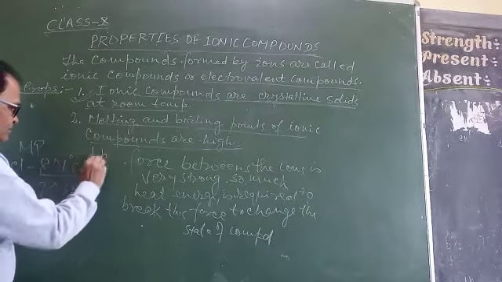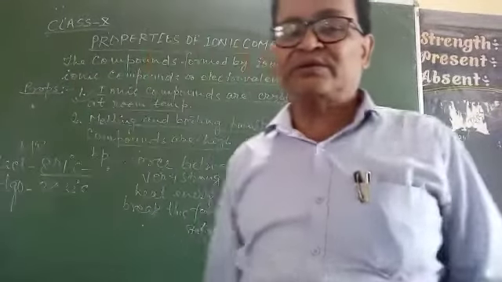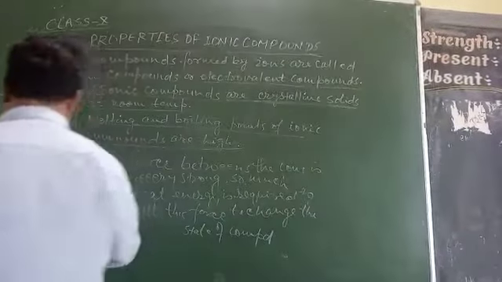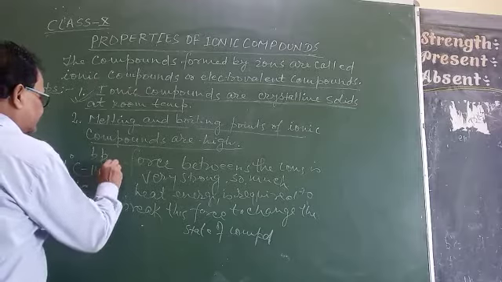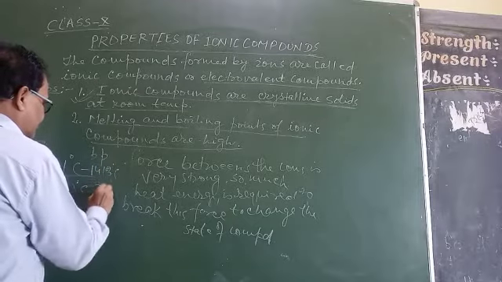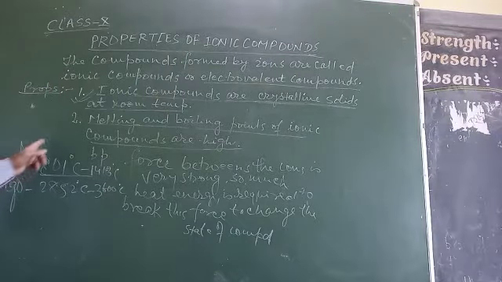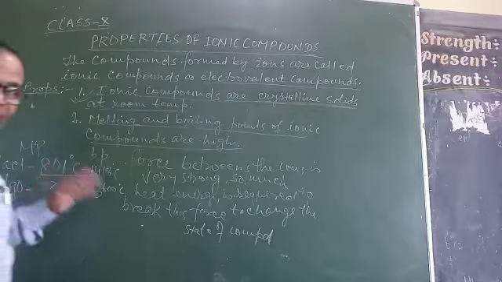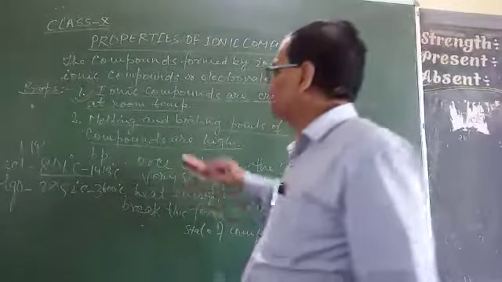The boiling point of sodium chloride is 1413 degrees Celsius, and this is 3600 degrees Celsius. The melting points of these two ionic compounds tell us that melting points of ionic compounds are very high.